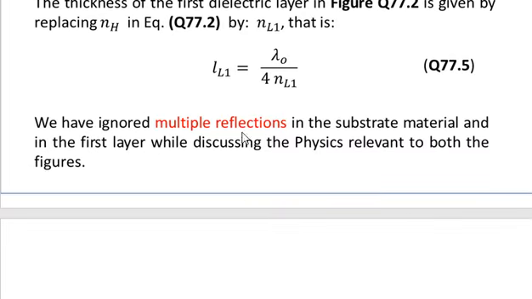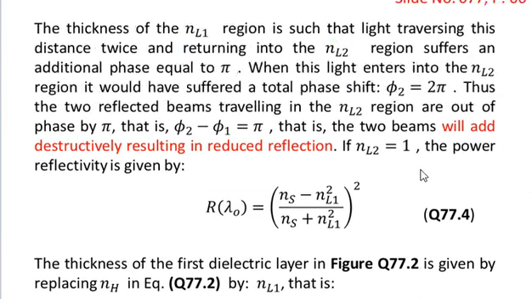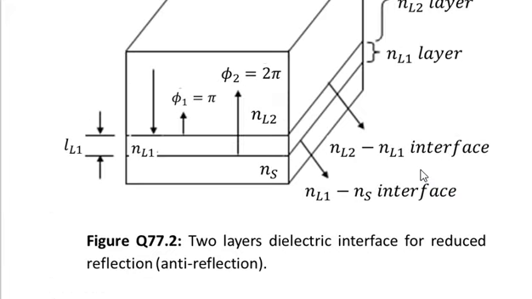We have ignored multiple reflections in the substrate material and in the first layer while discussing the physics relevant to both figures. You see that here we have not taken into account the multiple reflections, because when the light enters the region with refractive index NL1, multiple reflections may occur in this region, and the light from each reflection will enter the NL2 layer.